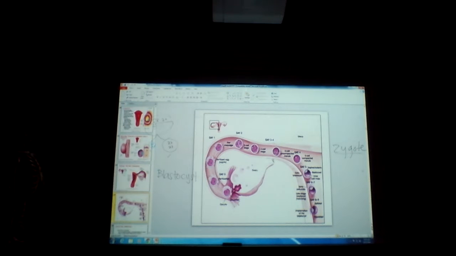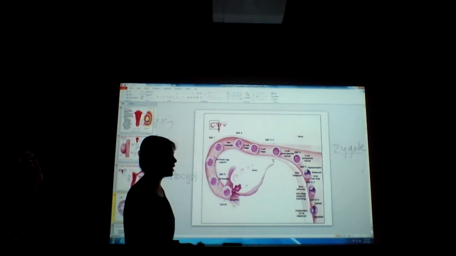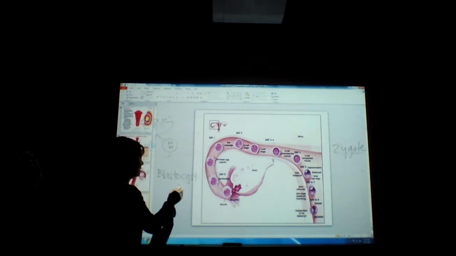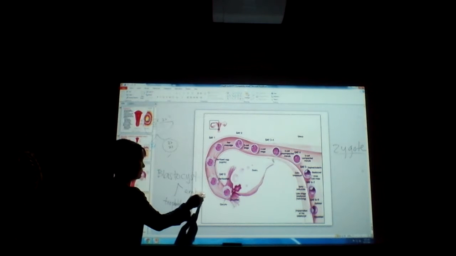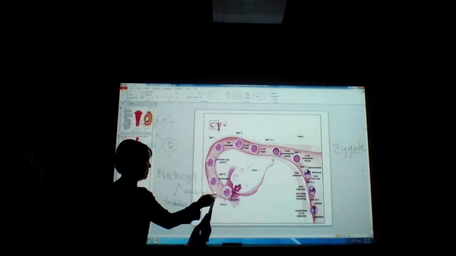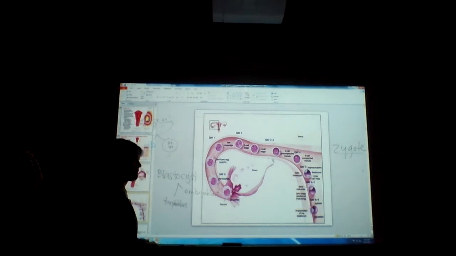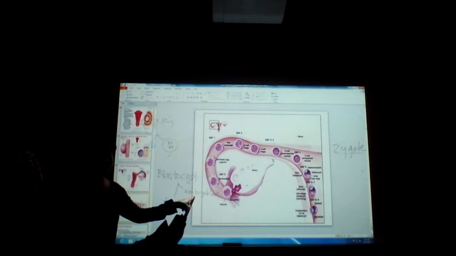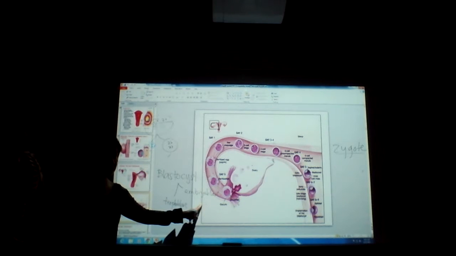The inner cell mass is referred to as the embryoblast, and the outer cell mass is the trophoblast. This embryoblast is you.